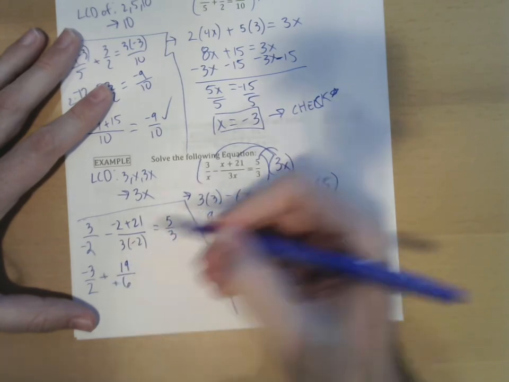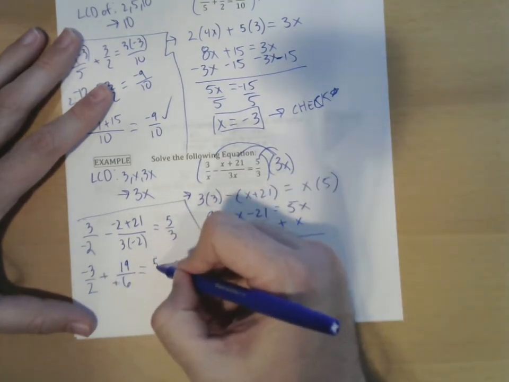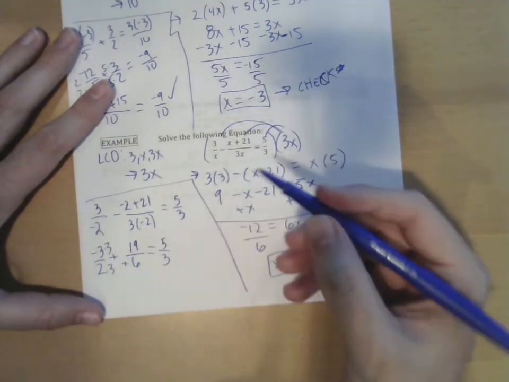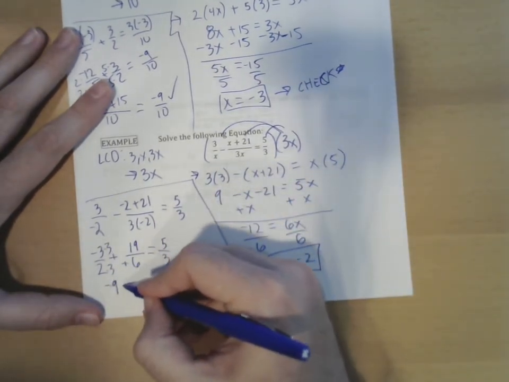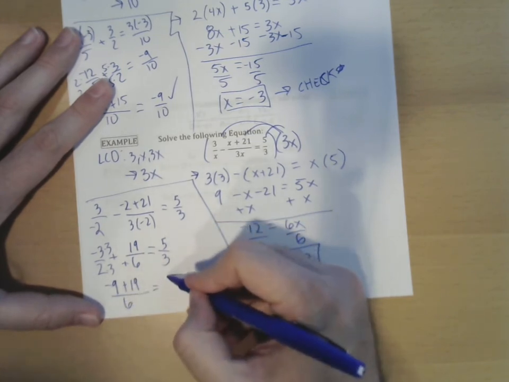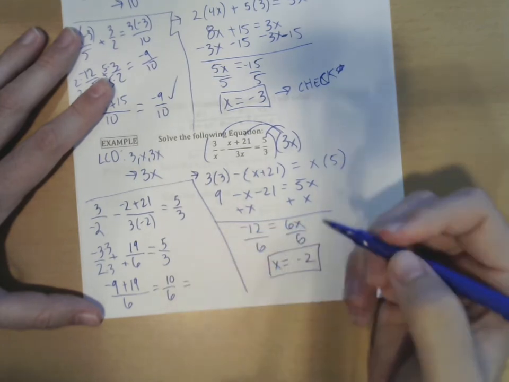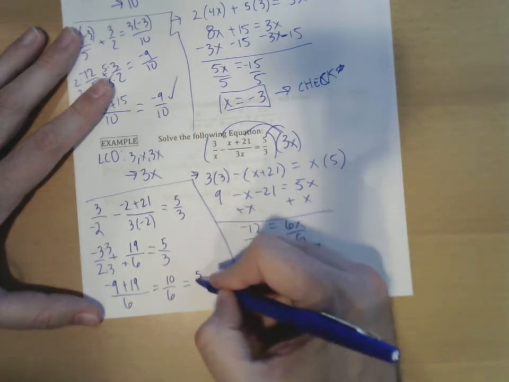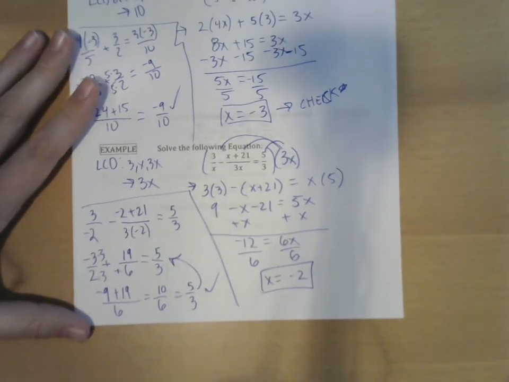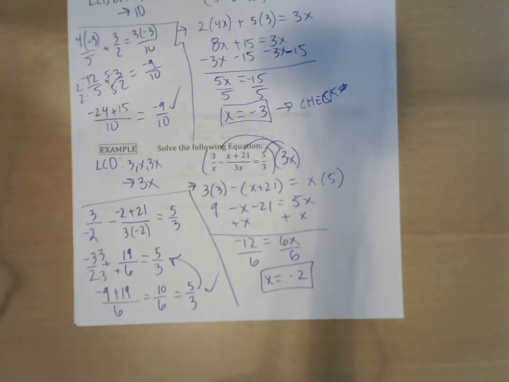Minus a negative makes this positive plus a positive. And we'll times by 3 here, times by 3 here. And so this is negative 9 plus 19 over 6. And that's going to equal 10 over 6, which reduces down to 5 over 3, which is exactly what we wanted. So our answer is definitely correct.